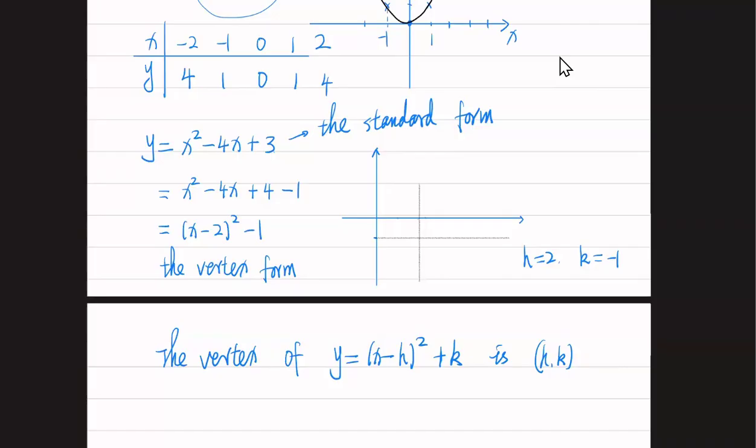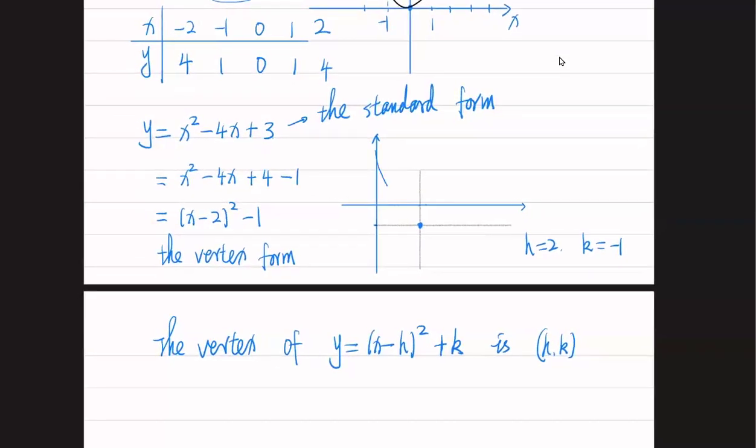This is the vertex. Then to draw the graph, it's a shifted parabola. Use a different color. If we put this into the vertex form, we know where the axis is, where this point, the vertex, is, and then we can draw the parabola.